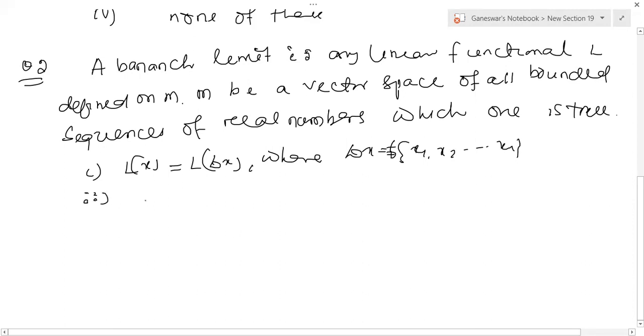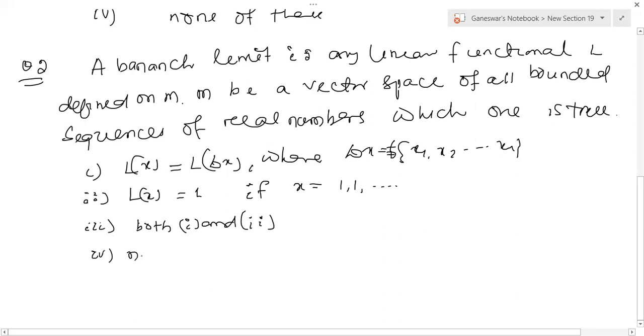Second option is that Lx is equal to 1 if x is equal to 1, 1, and so on. Third option, both first and second. And the last option is none of these. So which one is true is being asked.